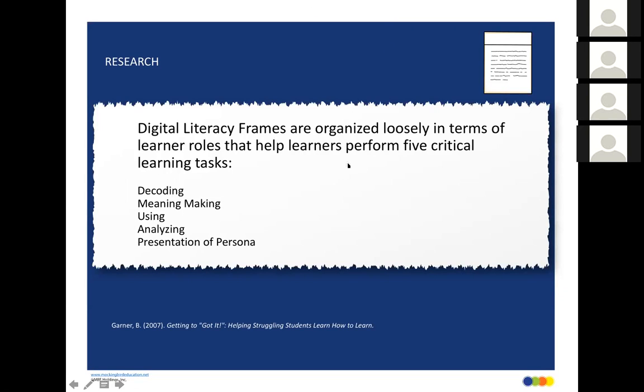Presentation of persona, I saw that one come up. Analyzing all the information out there and not just jumping to the first source. Yes, that's a big one. What are some other things that we're seeing, struggles that we see our learners having? Analyzing sources, yeah. Yeah, thank you.